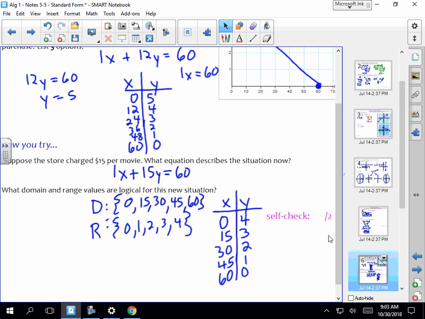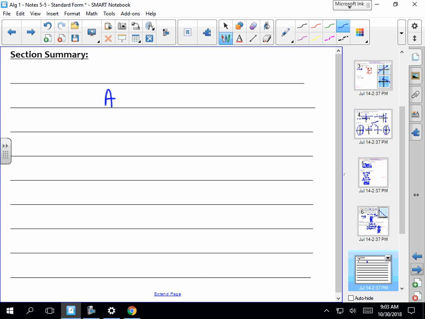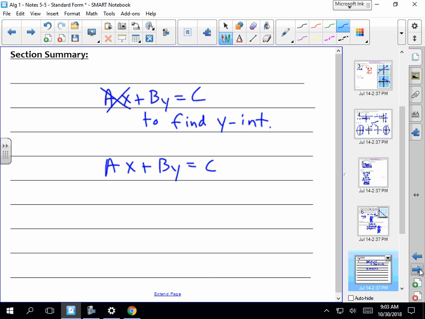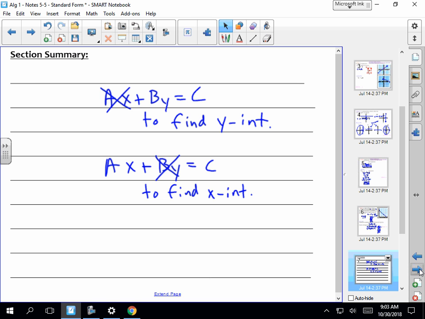If I were to summarize this, I might say something about Ax plus By equals C. If I wrote down Ax plus By equals C, cover up the By, you can get the x-intercept. Cover up the Ax, and you can get the y-intercept. Quick and easy way to do this.